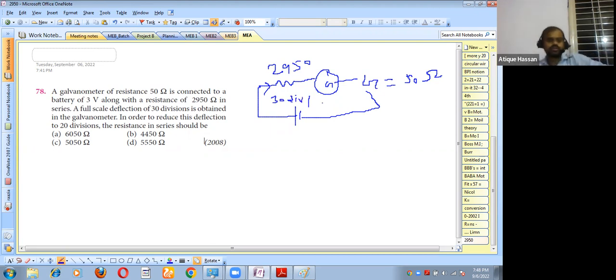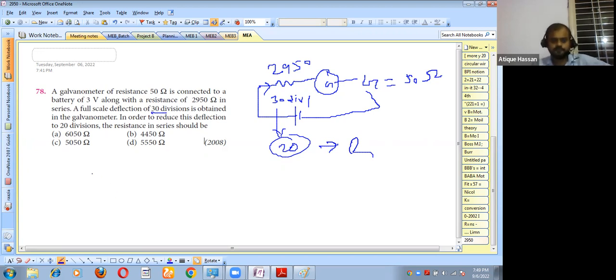In order to reduce the deflection to 20 divisions, the resistance in series should be... suppose this resistance is R. So we have to calculate that R. Actually, full scale deflection is directly proportional to current.